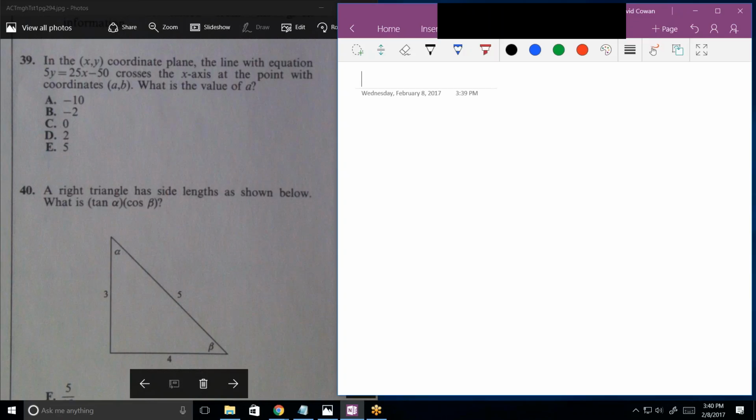In an xy coordinate plane, the line with the equation 5y crosses the x-axis at point coordinates (a, b). What is the value of a? It crosses the x-axis. What's the value of b, first of all?